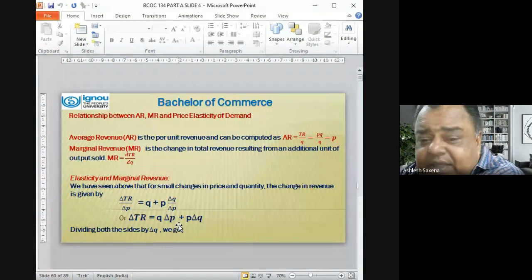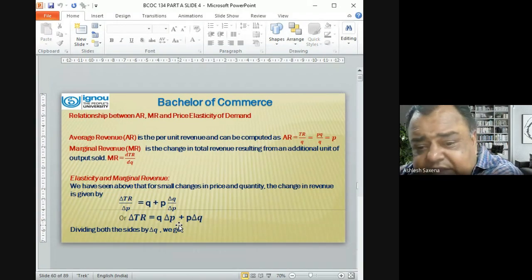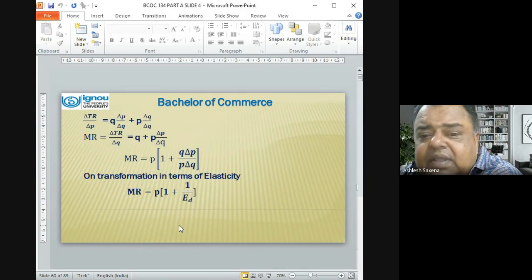Delta TR comes out to be Q delta P plus P delta Q. Now we will be dividing both sides by delta Q. Delta TR upon delta Q is equal to Q delta P upon delta Q plus P.